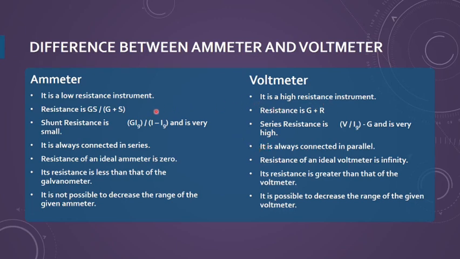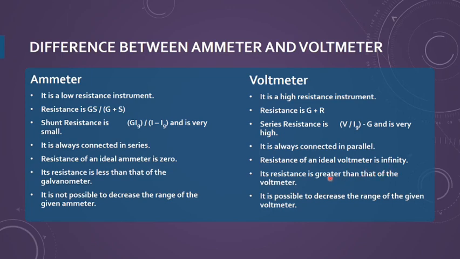In terms of galvanometer resistance, the value for the ammeter is Gs upon G plus S because both resistances are in parallel, while here the resistances are in series, so the value of resistance can be written accordingly. For an ideal ammeter, the resistance is 0, while the resistance of an ideal voltmeter is infinite.